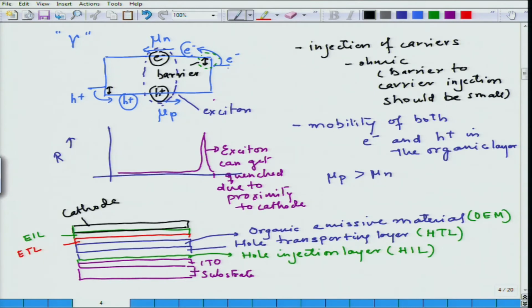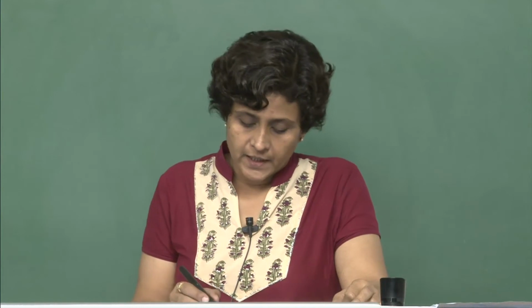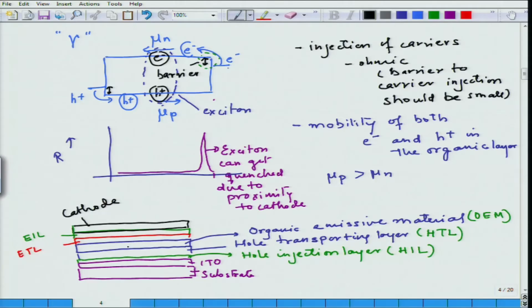So, a single layer device which we just talked about can become a very complex multi-layer structure in order to improve this charge balance, and the goal there is to make sure that whatever light is generated here is collected, as much as is possible, outside the substrate. So, these are some ways in which one can improve the charge balance in the device. There is one additional point here.